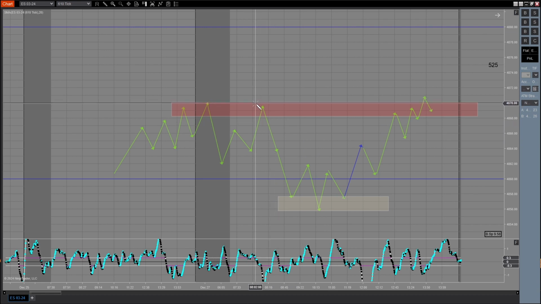So if I know the market loves to retest, then I'm going to be looking for a trade once we get a deeper pullback or momentum off that price, a trade to give the market a chance to retest, because I know the market behavior is to retest things. So there's a trade setup here.